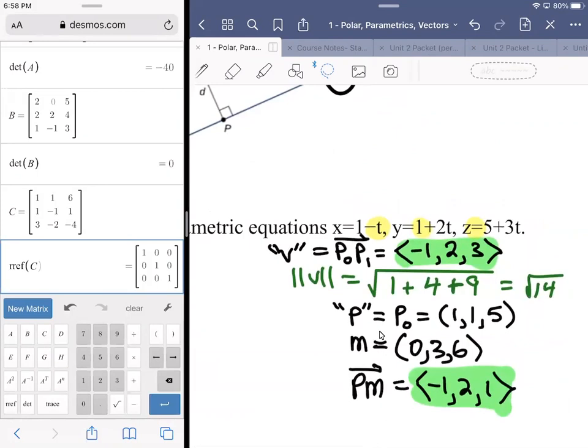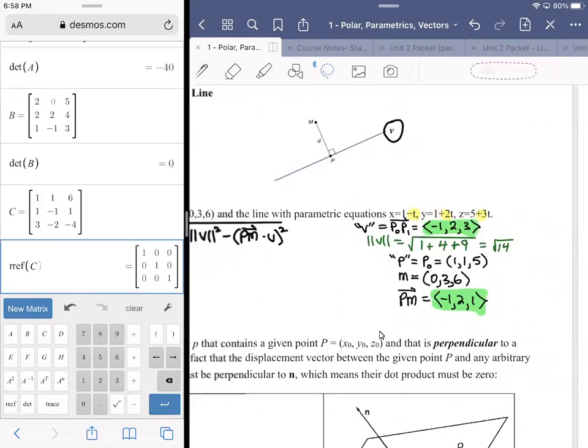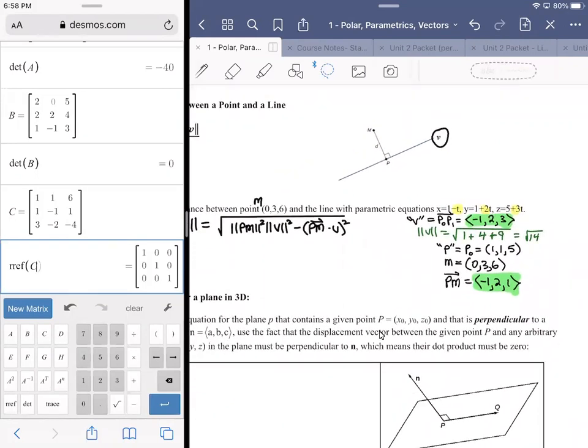I'm just creating some room here. The magnitude of PM is the square root of 1 plus 4 plus 1, which is going to be the root of 6.